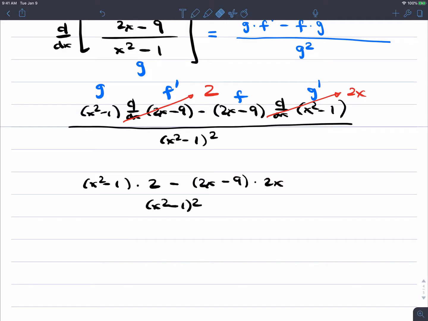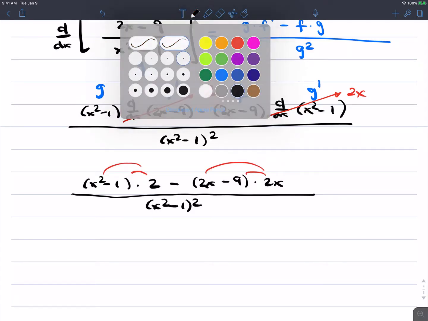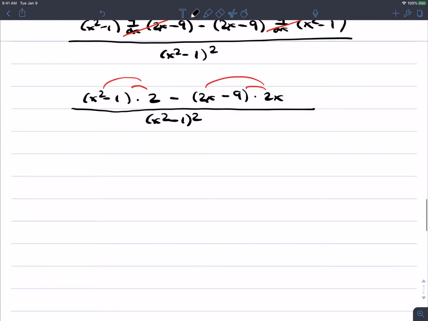So let's double check. So we'll end up with 2x squared minus 2 minus 4x squared plus 18x. So let's be careful here. Don't forget, you're going to take 2x times 2x, it gives you 4x squared. But there's a minus sign out here.